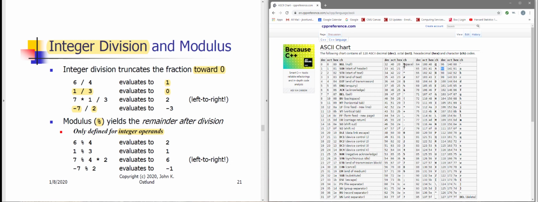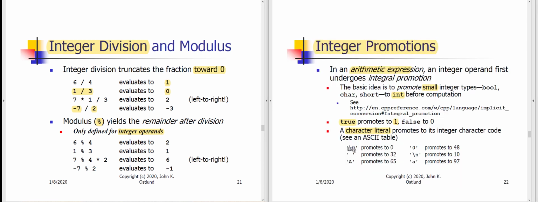The space character, that is quote single space quote, has an integer value of 32. The null character is the character whose value is 0. And we usually represent the null character in code with quote backslash 0 quote. The character 0, on the other hand, has the decimal integer value of 48.